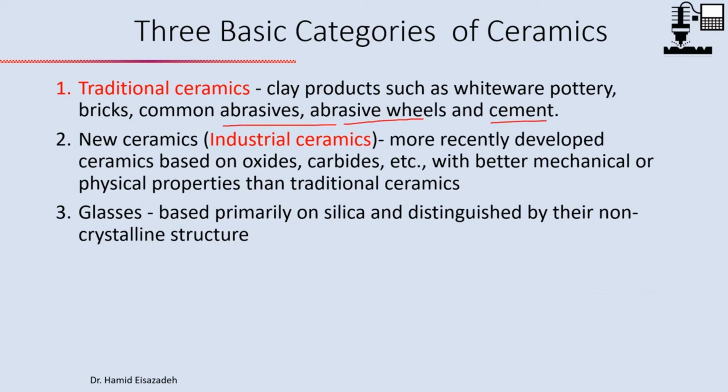Then we have new ceramic, also called industrial ceramic, mostly based on oxides and carbides, and they have better mechanical and physical properties compared with the traditional ceramics. And then we have glasses, which, as I said before, are distinguished from ceramic because of their non-crystalline structure.